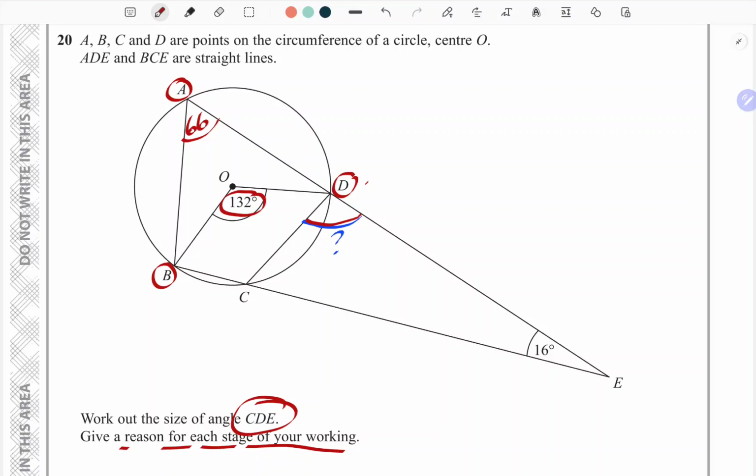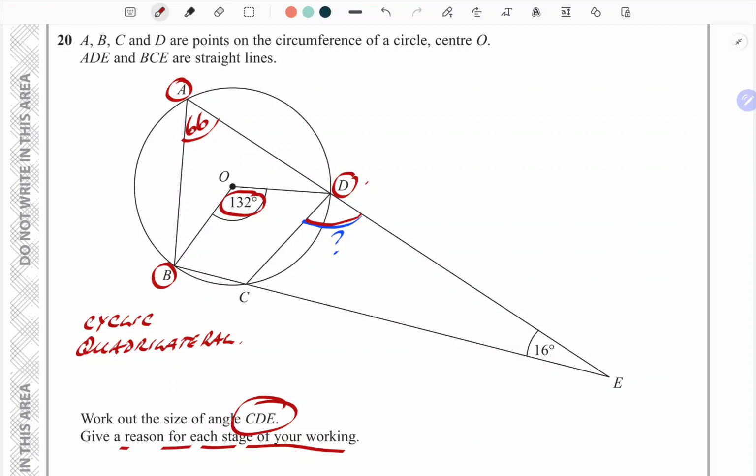So once you have that, we can now see that we have in this shape here a cyclic quadrilateral. Let me just write this out. In a cyclic quadrilateral, opposite angles add up to 180. That's what we need to use for this.